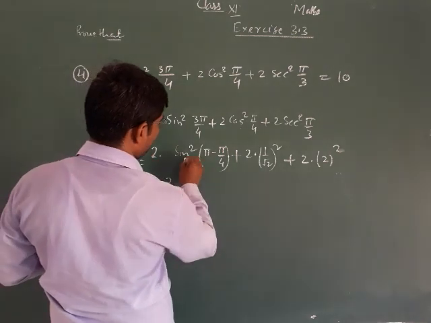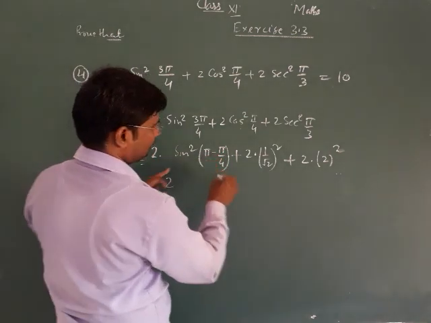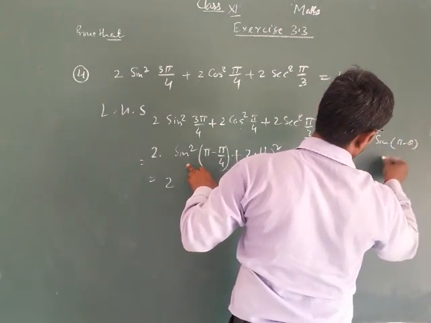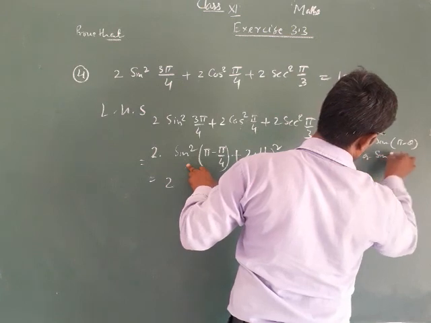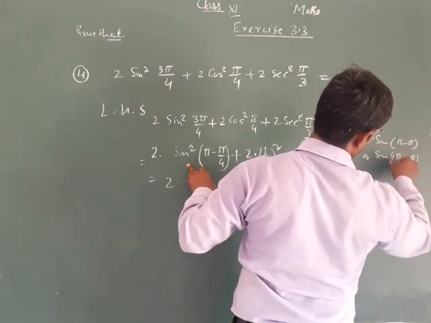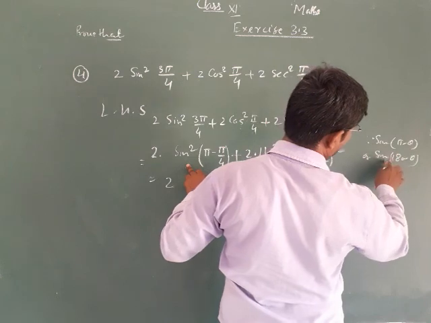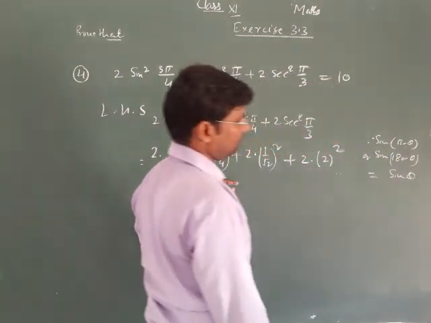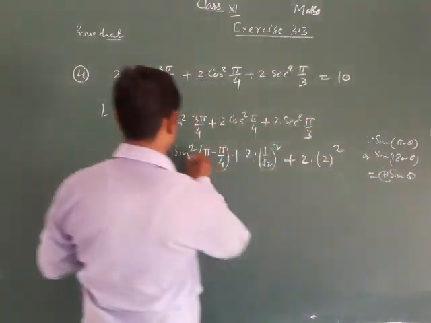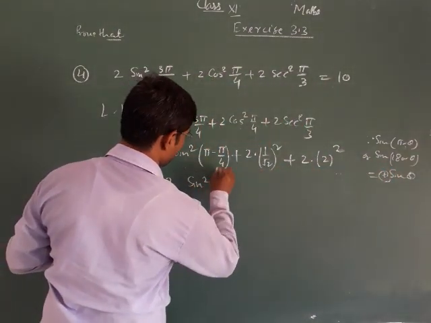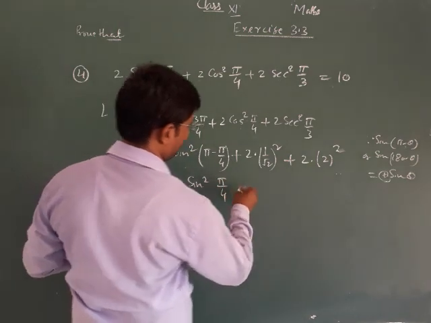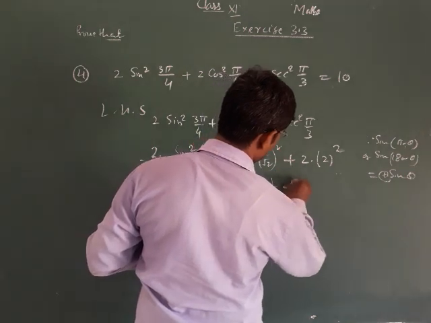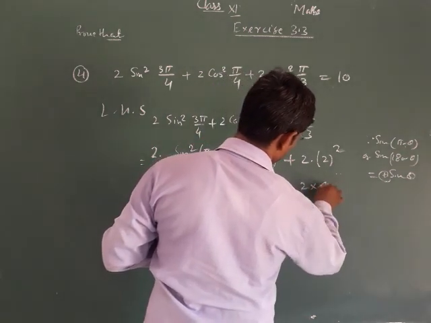So 2 sin (π minus θ), since sin (π minus θ) or sin (180 minus θ), so π means 180, π minus θ, this is sin θ, lies in the second quadrant, so this is a positive value. So I'll write here sin squared π/4 and plus 2 into 1 by root 2 squared means 1/2, plus this is 2 into 4.